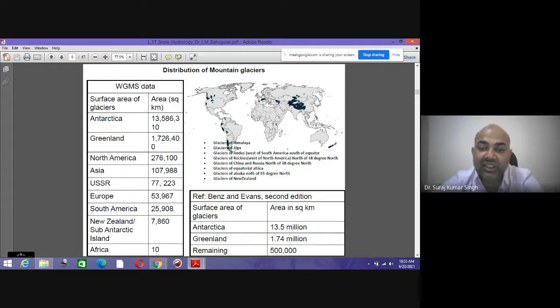You can see the various locations, and you can see that they are very few in number if you compare throughout the globe. The coverage area is quite less.